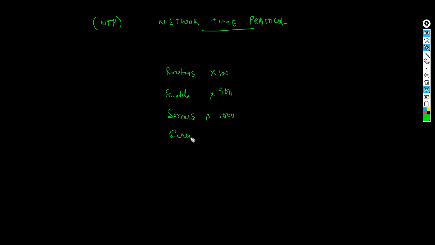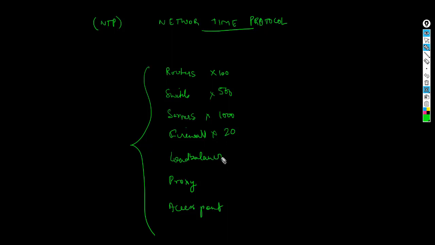I have firewalls, maybe 20 firewalls, and any other devices: load balancers, a proxy device, access points. So these are all your network components.